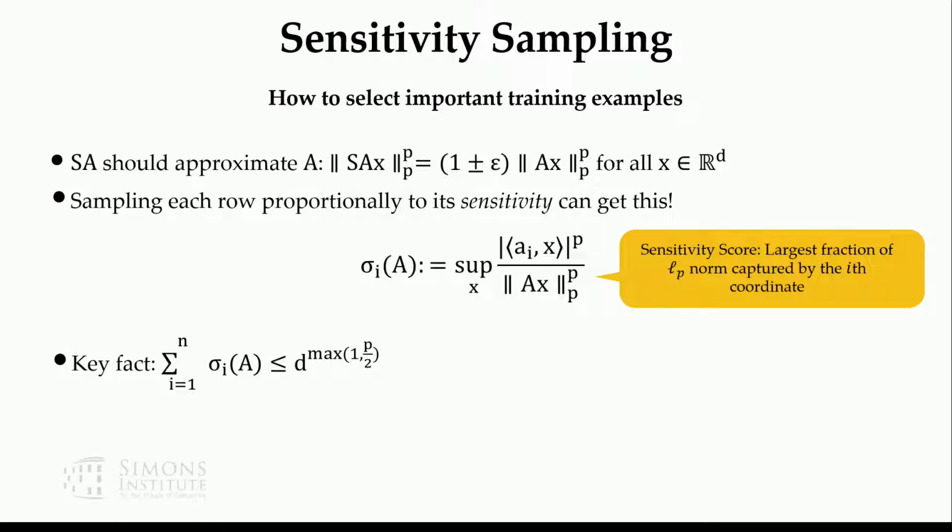If you haven't seen these before, when p equals 2, the sensitivities are actually the squared row norms of an orthonormal basis for the column span of A. And the sum of the squared row norms is the same as the sum of the squared column norms, and that's why it's equal to d in that case. Right? The sum of squared row norms of an orthonormal basis is d. So that's sort of the proof for p equals 2. And this is the generalization to arbitrary p.